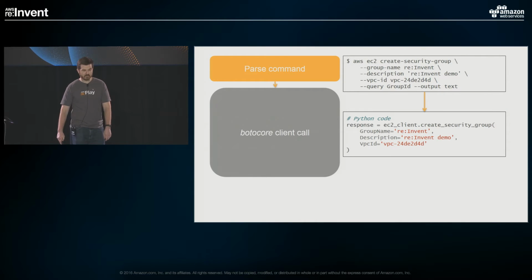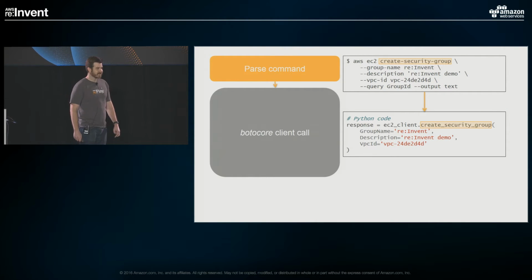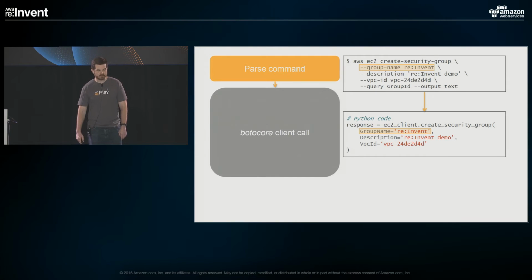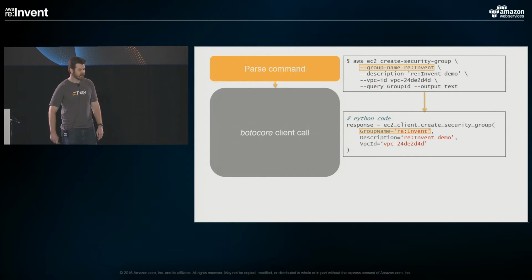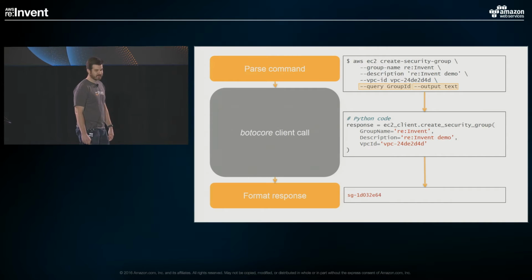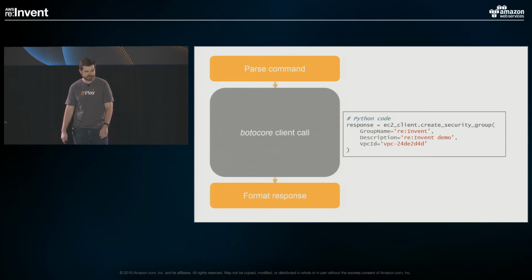So you see how the operation command gets translated to a Botocore client method, and how the parameters also get mapped to method parameters as well. So once the method call has been made, then you get a response back. And with that response, the parameters such as query and then output are then applied to actually get it into the format that you may need.